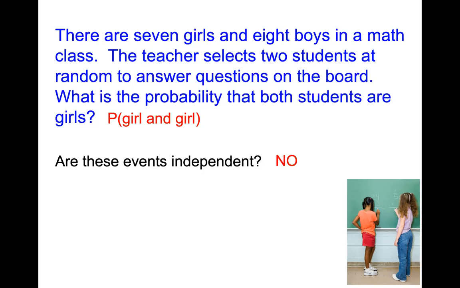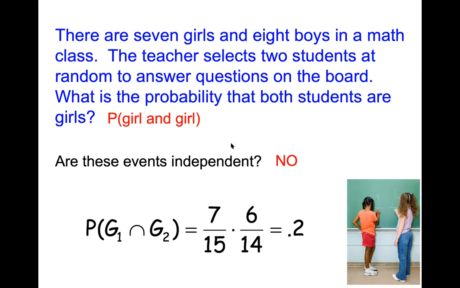First girl chosen and that girl's out, kind of like when you're drawing a card and you don't put it back. So if that's the case, then I want to do the probability of first one being girl, 7 out of 15, times the probability that the second person is a girl, given the first one was a girl. And so that brings it down to 6 over 14.